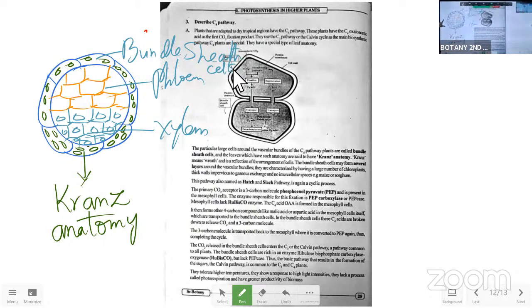Like that, we have to draw the diagram and we have to show the Kranz anatomy and the vascular. But inside the Kranz anatomy, always, whenever we are drawing the stellar region, it should not be empty. So fill up with the phloem and the xylem. That's it. No further things. We need to go with this.